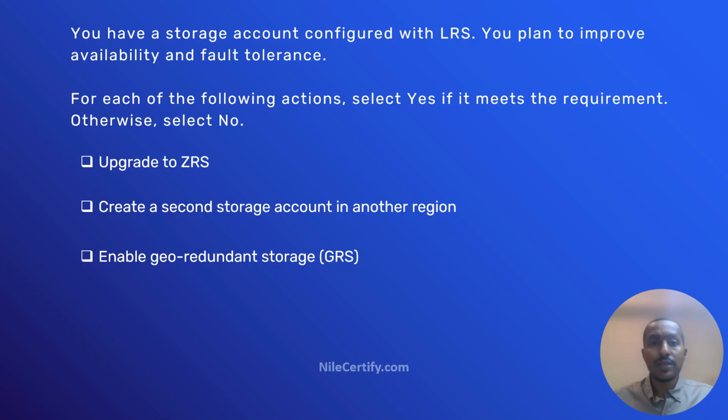That means if the whole region goes down, you still won't have access to that data. But compared to LRS, it's better. Why? Because with LRS, if the data center has a failure, then your data is lost. So now we improved by just upgrading to ZRS. We will have an improvement in availability and fault tolerance.